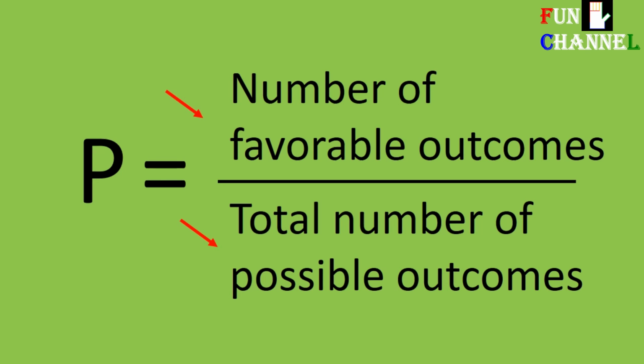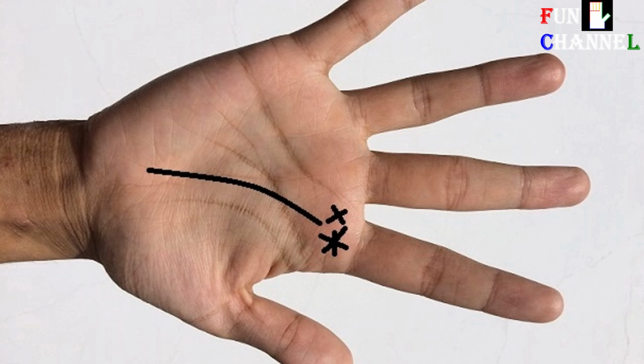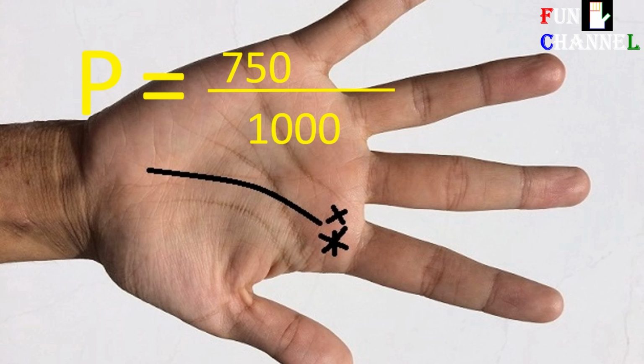For example, the fate line, also known as the Saturn line, goes to the Jupiter mount, along with a star or a cross formation on it, and if I want to find out how many marriages or any relationships are very successful. Let's say, for the sake of convenience, I have taken a sample size of 1,000 people wherein similar indications are found, out of which 750 people's marriages turned out to be very successful.